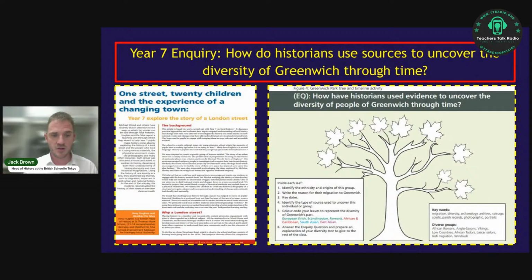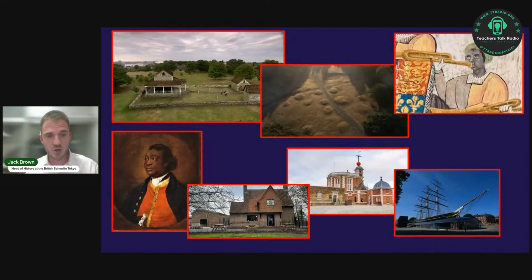It has an Anglo-Saxon burial ground. It also has African Tudors and African Georgians who were living in and around the park as well. The cafe at the top of Greenwich Park has now been renamed after Ignatius Sancho, who was an African Georgian. You've also got the observatory and even the Cutty Sark tea clipper down the road.